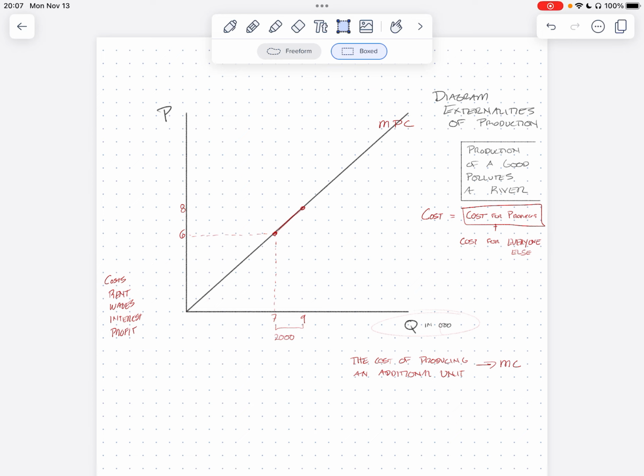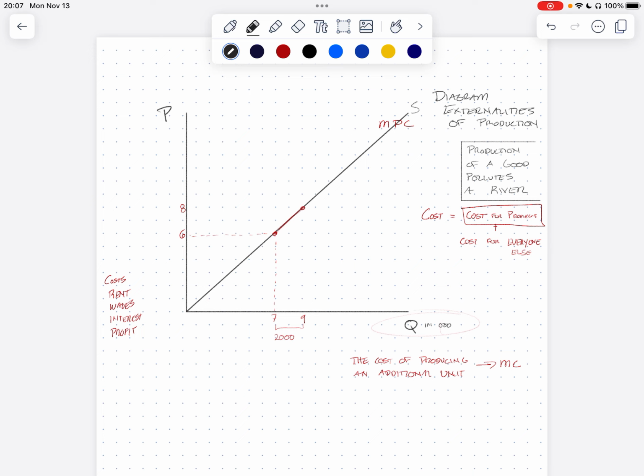Now, what would we normally do if we needed to increase the costs of factors of production? Well, that would take our supply curve, and in that case, we would have to shift our supply curve further back.